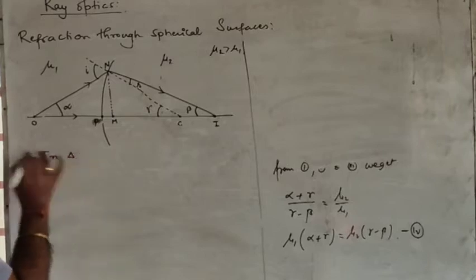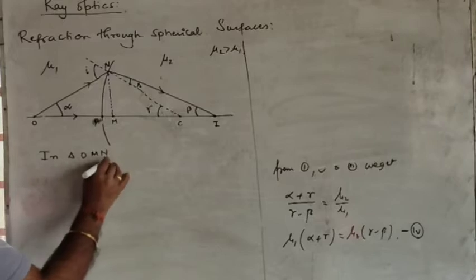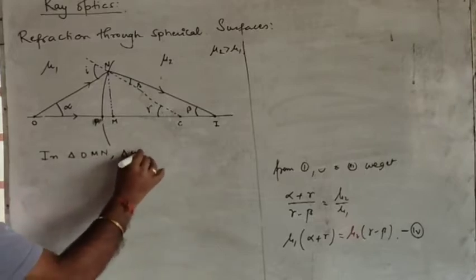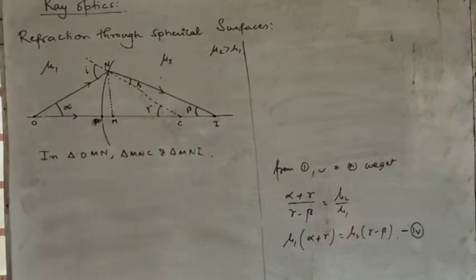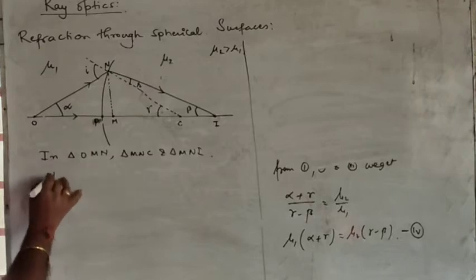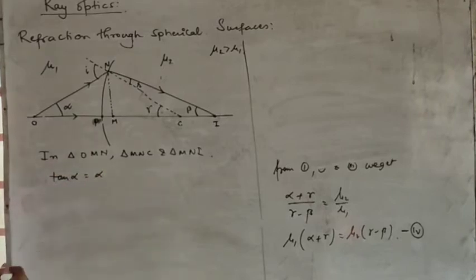Now consider triangles OMN, triangle MNC and triangle MNI. In these triangles, tan alpha will be alpha as the angles are very small.